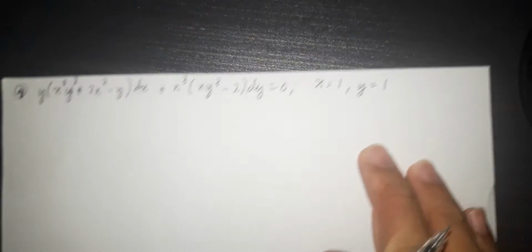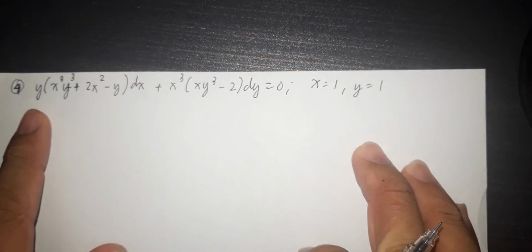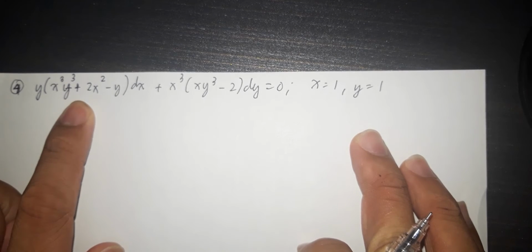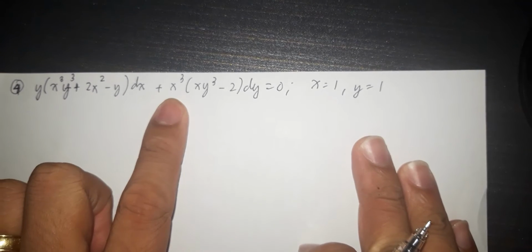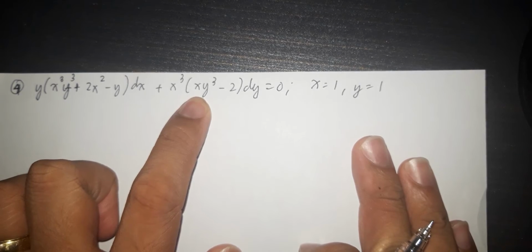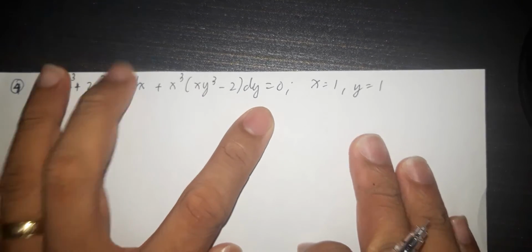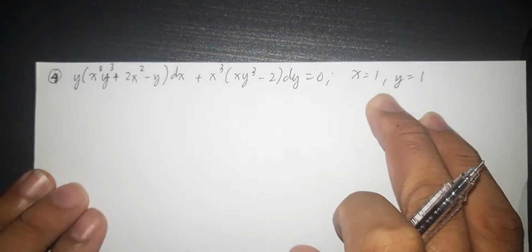Let's have another example. So what if I have y times the quantity x cubed y cubed plus 2x squared minus y dx plus x cubed quantity xy squared minus 2 dy is equal to 0 when x is equal to 1, y is equal to 1.